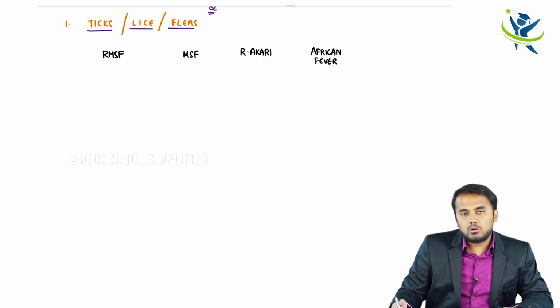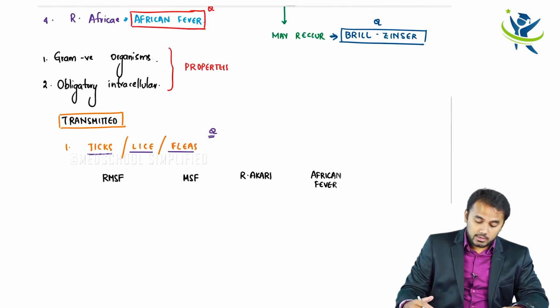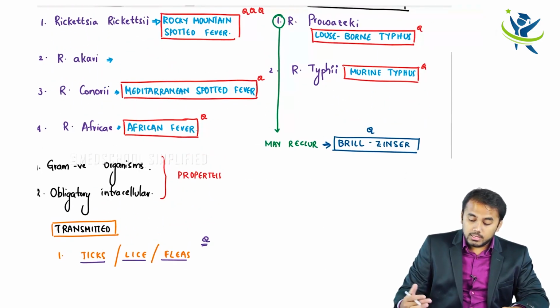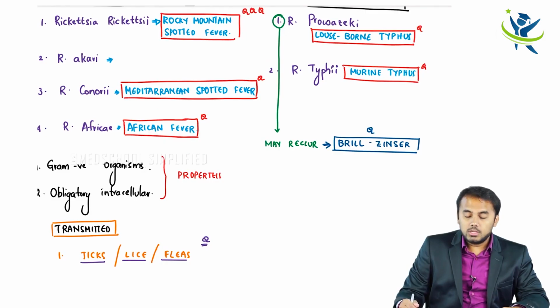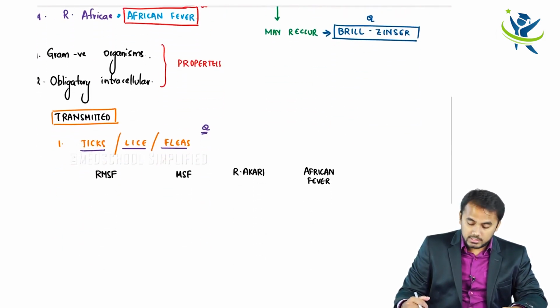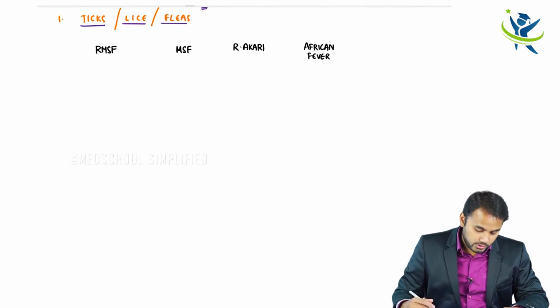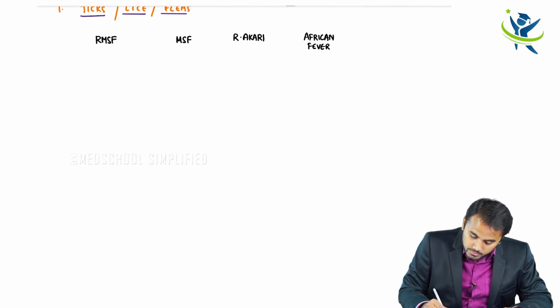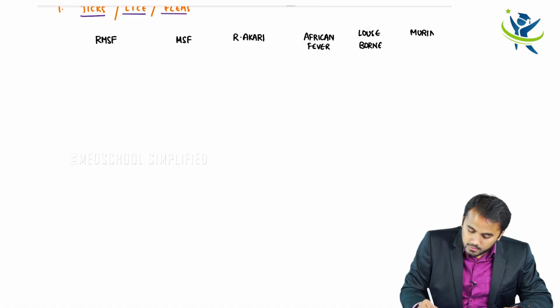And finally you have got two typhus infections. One is Rickettsia prowazekii, which causes louse-borne typhus, and the next one is Rickettsia typhi, which causes murine typhus. So louse-borne typhus and murine typhus.